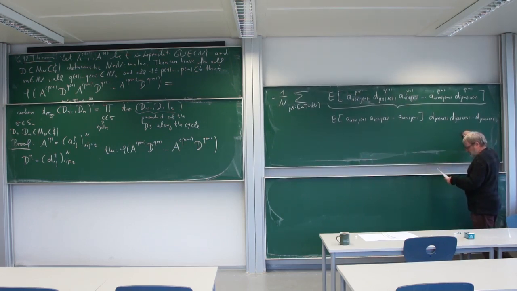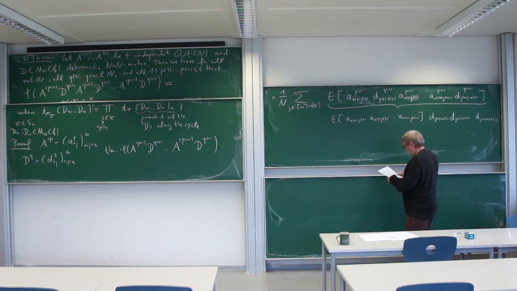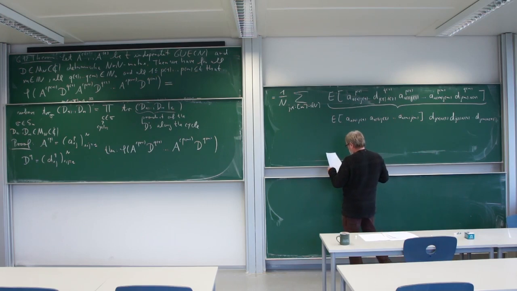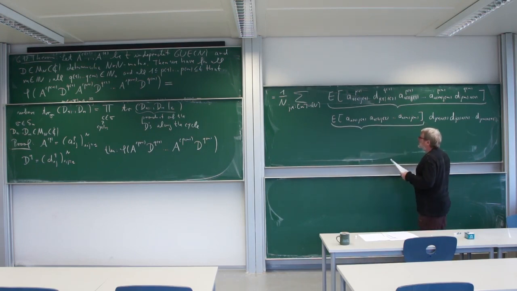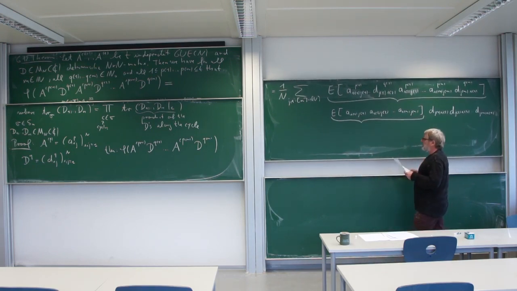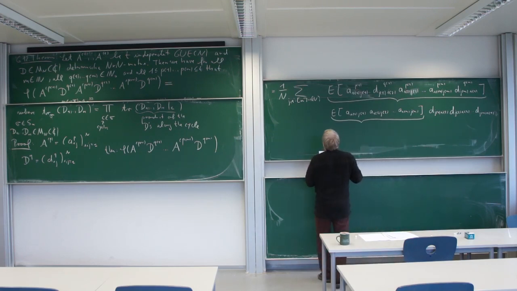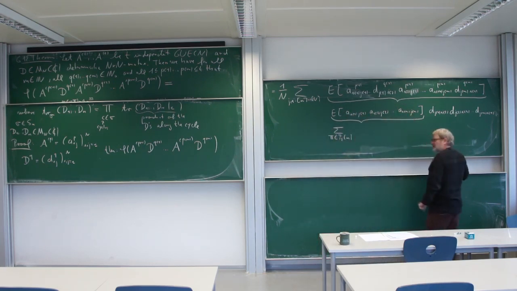But for the D's, let me see. Yeah, so here we use our big formula. For fixed I and J, we get just the sum over all pairings of n elements, the pairings applied to the A's.